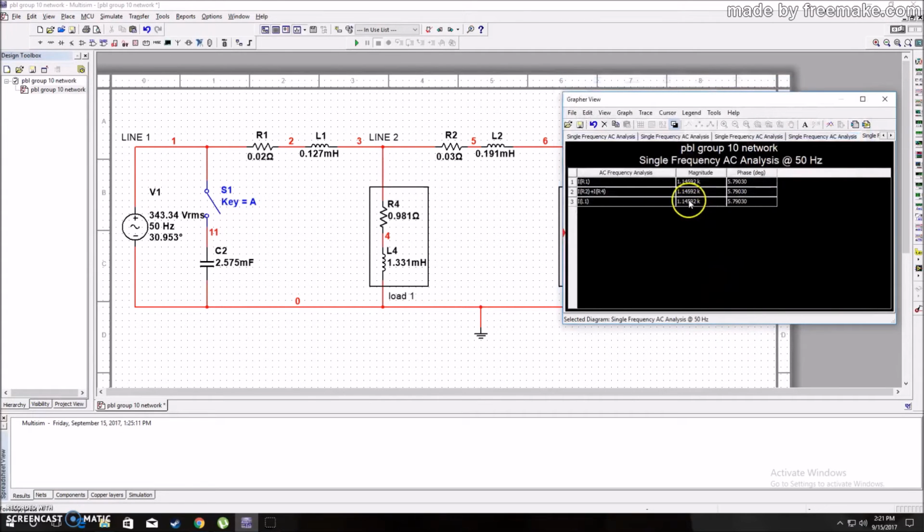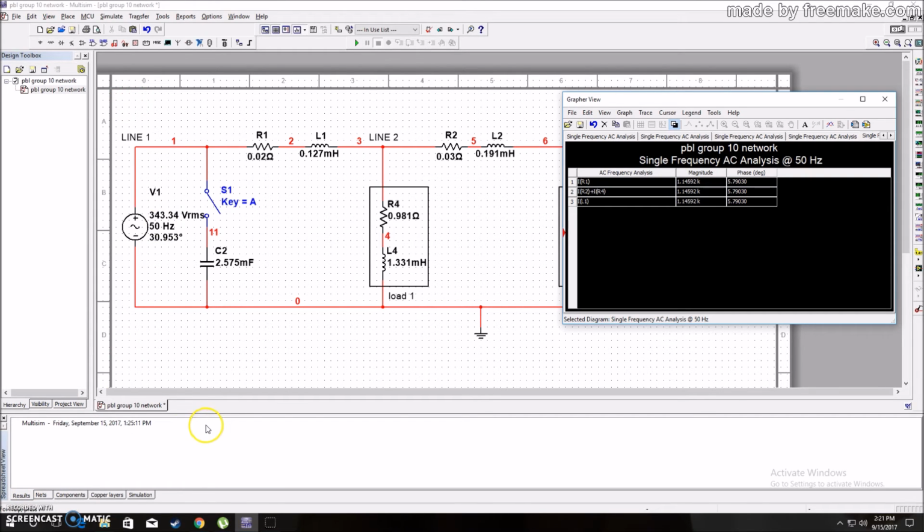As you can see, Kirchhoff's law will simulate the exact same value as the current flowing at the transmission line 1 to 2.